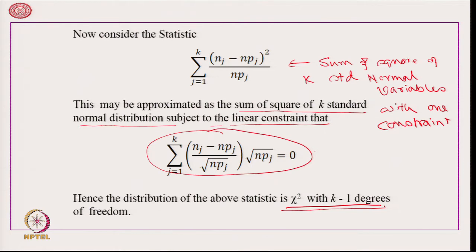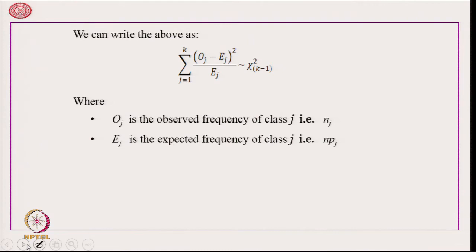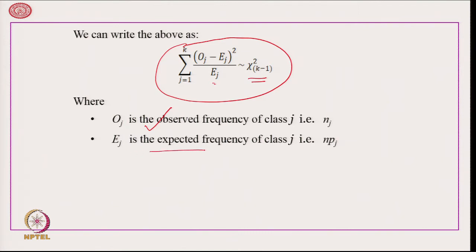degrees of freedom. So, this same thing typically we write as sigma j is equal to 1 to k, (Oj minus Ej) whole square upon Ej, is distributed as chi-square with k minus 1 degrees of freedom, where Oj is the observed frequency of the class j, that is Nj, the number of observations coming from the class j, and Ej is the expected frequency of the class j, which we have just seen to be Npj.